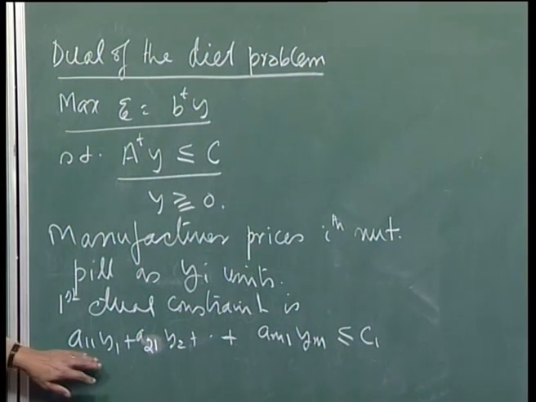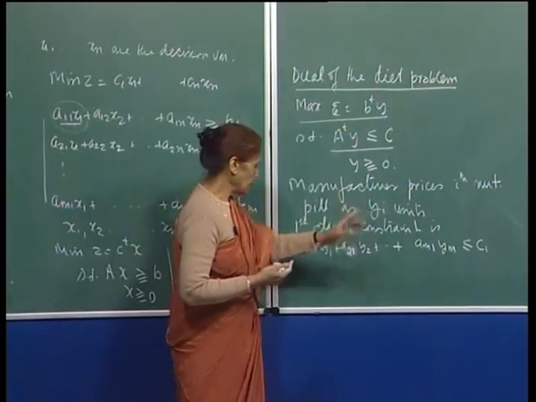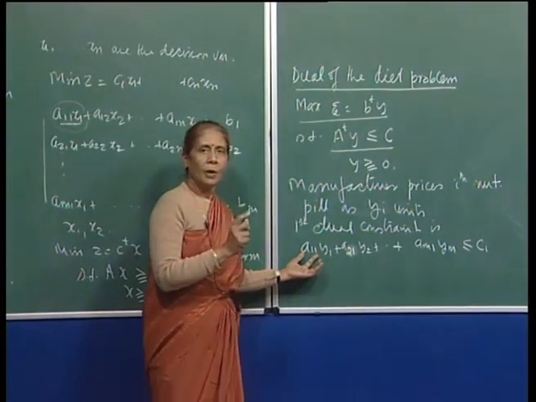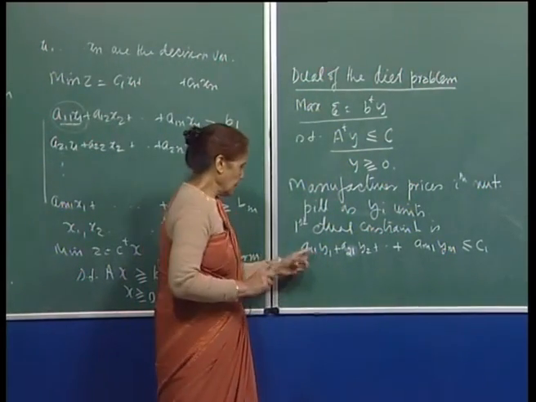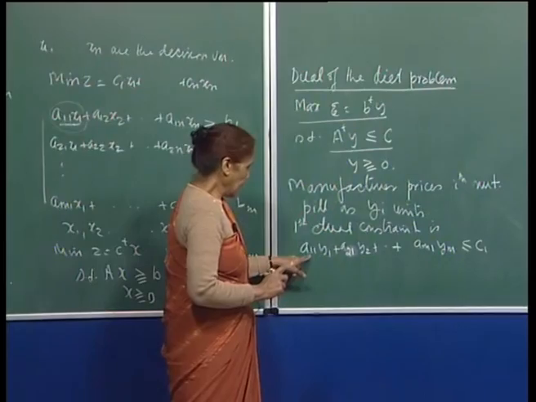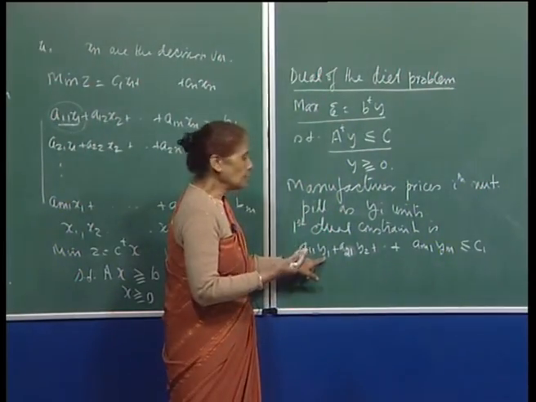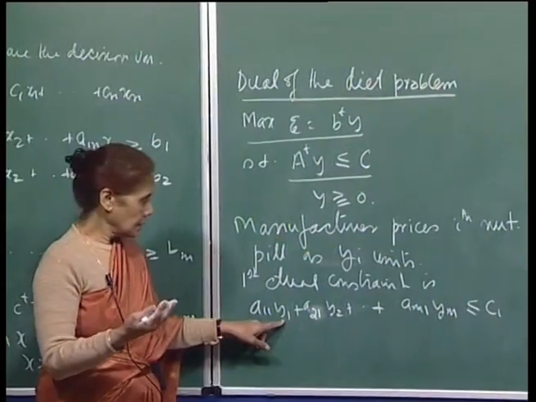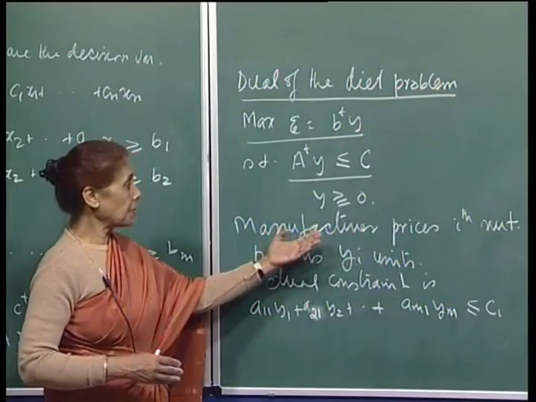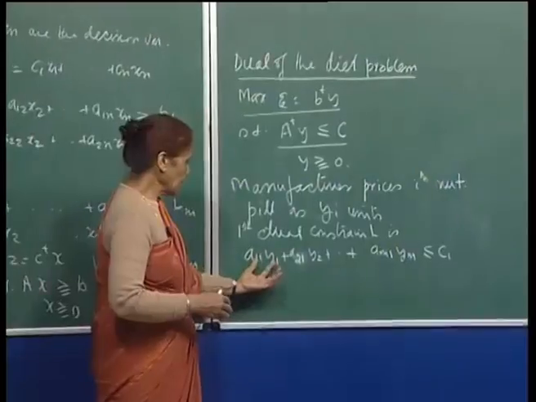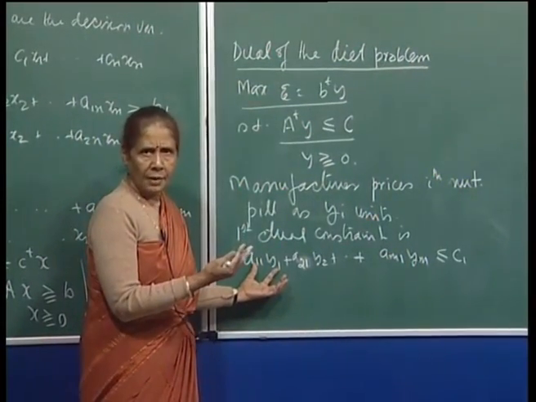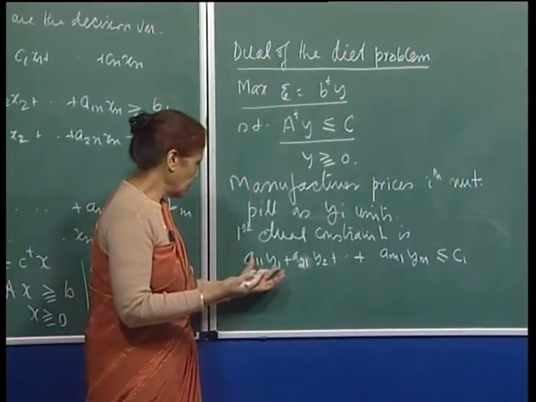But you look at this now. The price of 1 unit of the ith nutrient is yi rupees, and A11 amount of the first nutrient is present in the first food. So, A11 into y1 will be the value of the first nutrient in terms of the manufacturer, because he is pricing the ith nutrient as yi rupees. So, this is the total worth of that nutrient to the manufacturer.